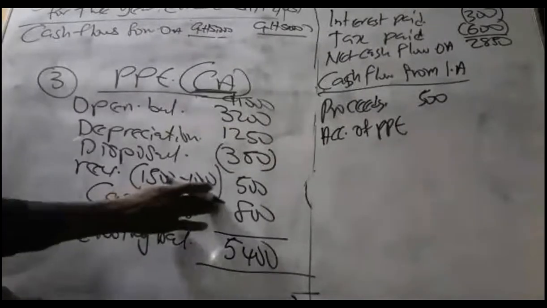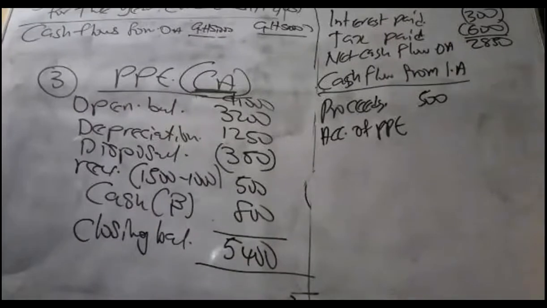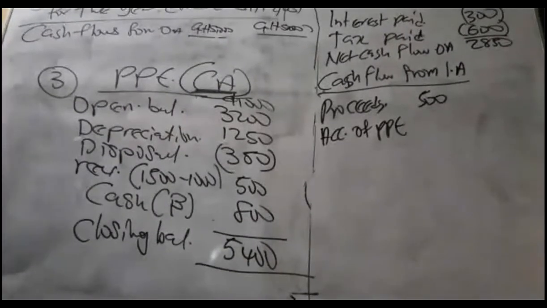It's just the balancing figure, the difference. Cash. So that's the PP that is acquired.